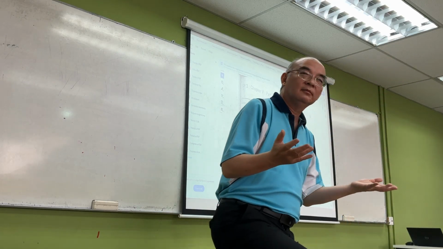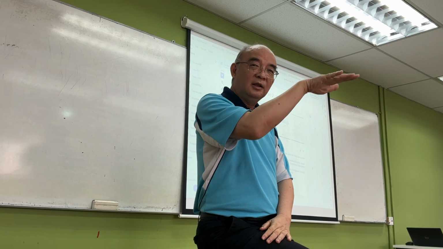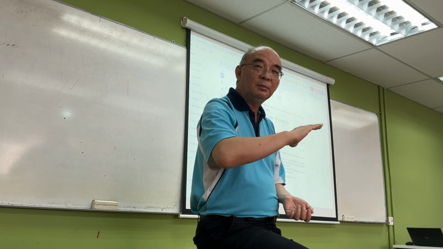Let's say there are different ways to measure wind speed, but let's say the wind speed at this level is 30 meter per second.